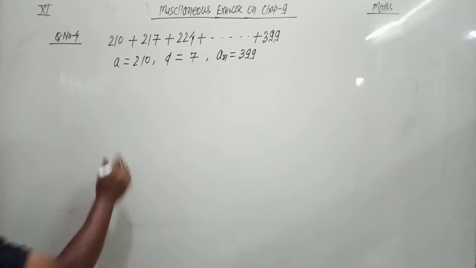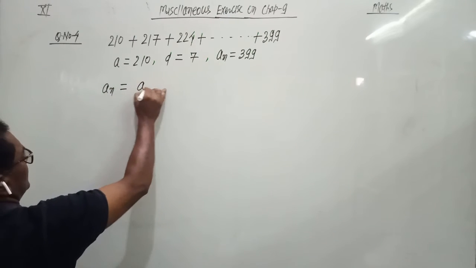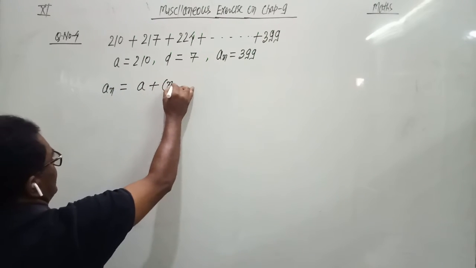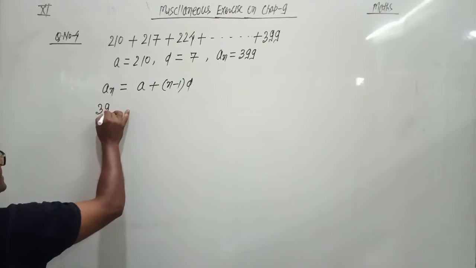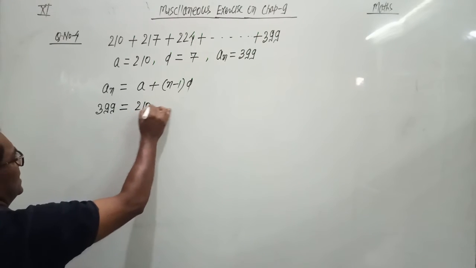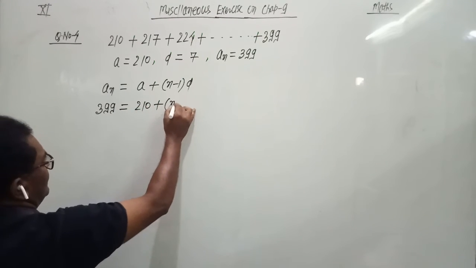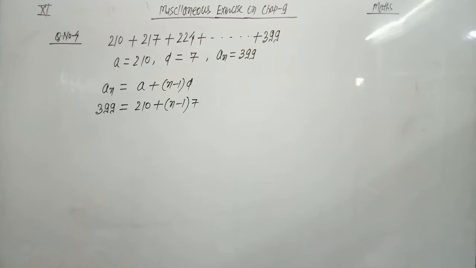The formula used: an equals a plus n minus 1 into d. The value of an is 399, the first term is 210, n we have to calculate, and the common difference d is 7.